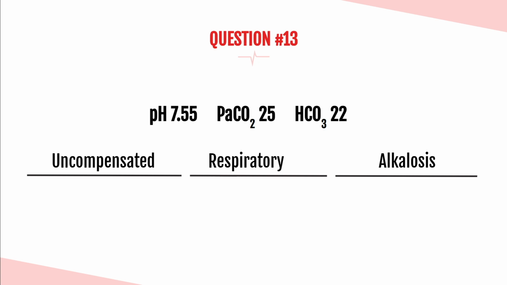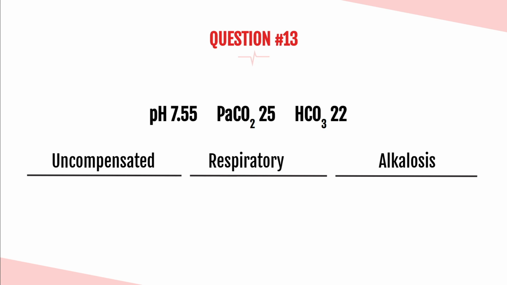What kind of patients are going to have respiratory alkalosis? If they have a low carbon dioxide level, that means that they are blowing off a bunch of carbon dioxide. And when are you going to see that?